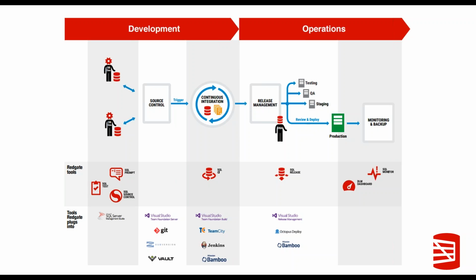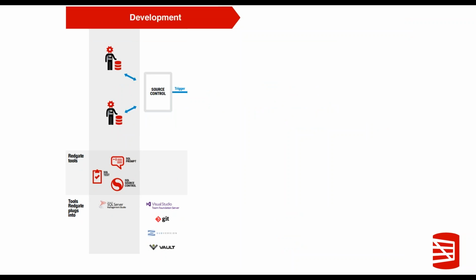So obviously, it all starts in the development environment. Putting your changes or your source code into source control is one of the main key principles of continuous integration and continuous delivery. It all starts from source control, and source control really should be your single source of truth.